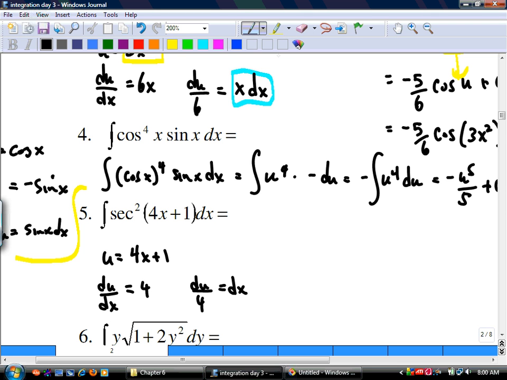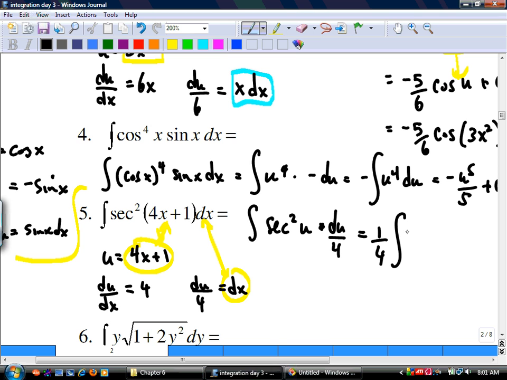So the antiderivative becomes the integral of secant squared u times du over 4, which becomes 1/4 secant squared u du.